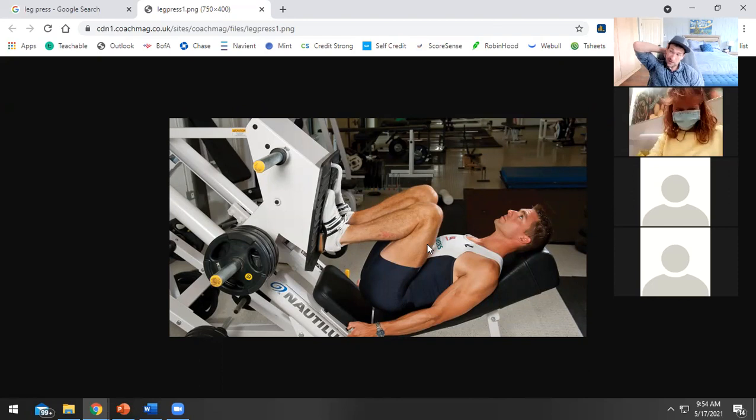So he would have the potential to get stronger, and then it wouldn't happen. And he'd have these really tight quad muscles, which are going to resist anytime you go to lengthen them, because the muscle wants to stay in this shortened position.